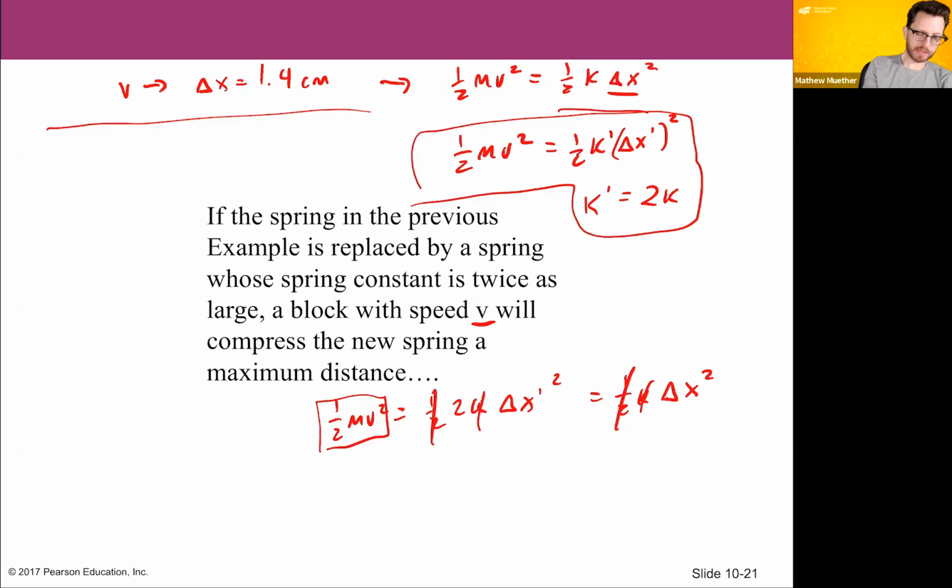And I get that the square root of 2 is equal to delta x over delta x prime, the ratio of these two things is something like the square root of 2. So when I get this stiffer spring constant, the compression isn't as great, and it goes like a factor of square root of 2 because the spring compression is inside of this square in the spring potential energy.